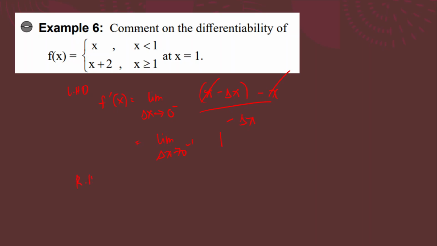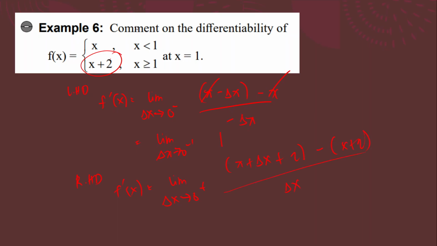Try natin sa right hand, f prime x limit delta x approaches 0 positive, so this is x plus delta x plus 2. Ito yung gamitin natin, minus x plus 2 all over delta x.